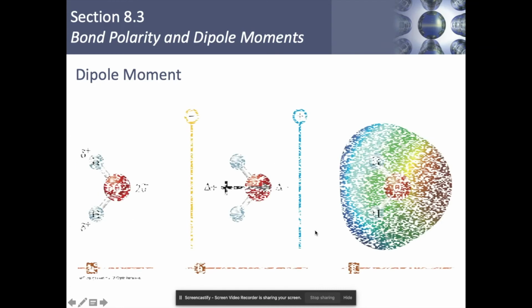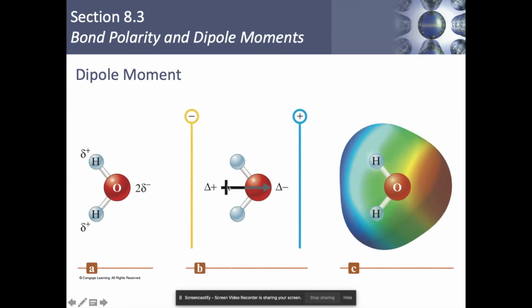So in this picture, we draw a little arrow, and the arrow has a little cross. The tail of the arrow is going to be our center of positive charge, and the arrowhead itself is going to be our negative part.